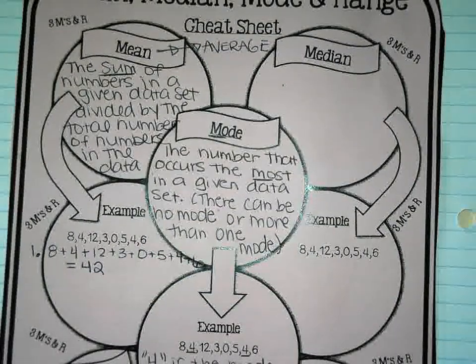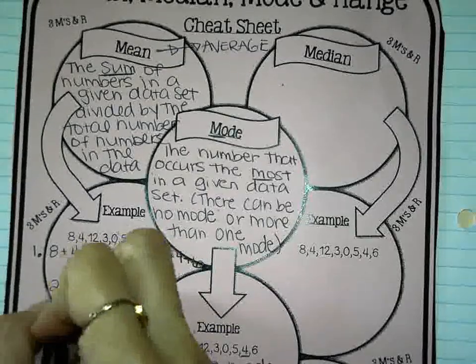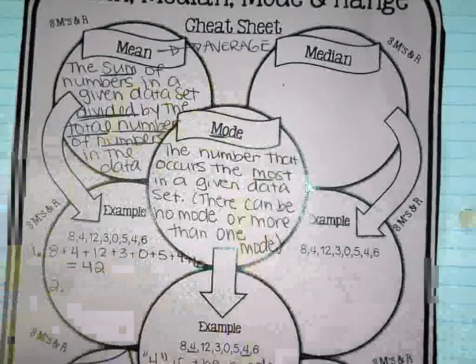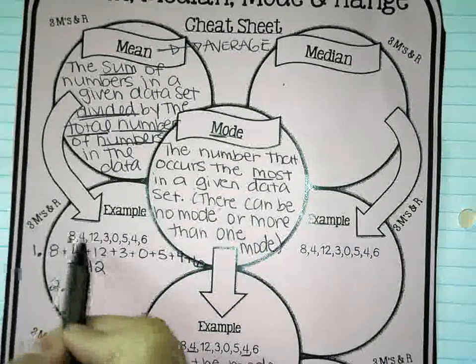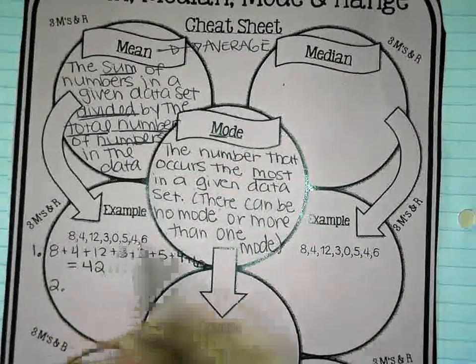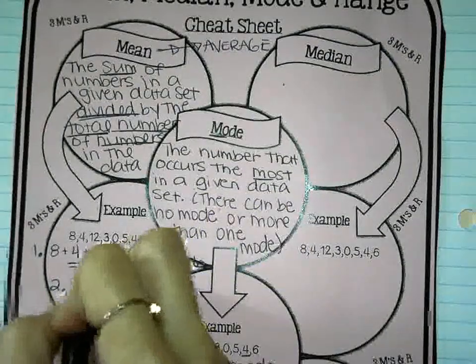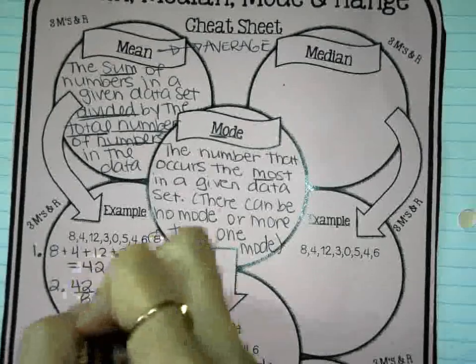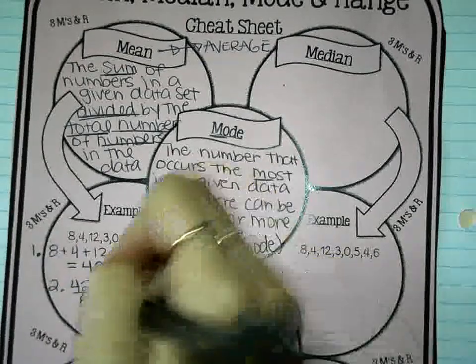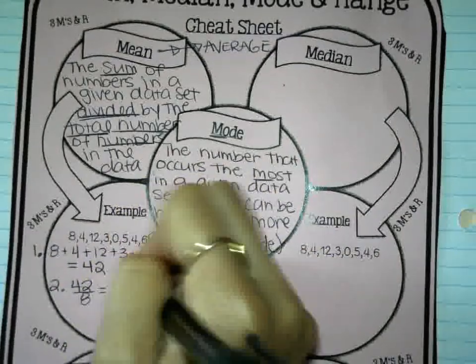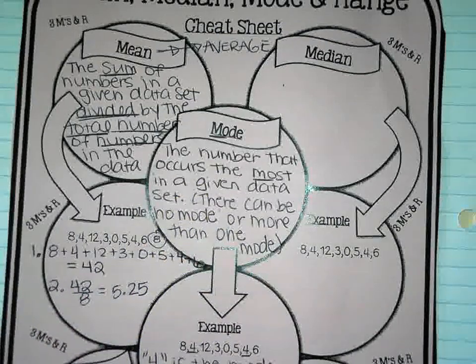Okay, so my next step is to divide by the total number of numbers. So I count. I have 1, 2, 3, 4, 5, 6, 7, 8 total numbers, which means I need to do 42 divided by 8. When I do 42 divided by 8, I will get 5.25 as my answer.